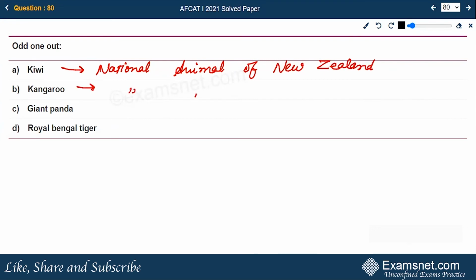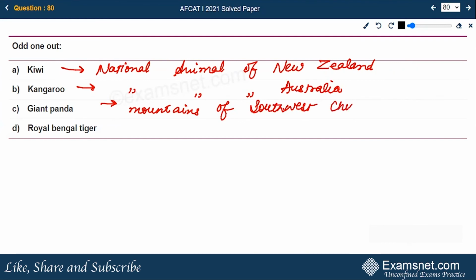Kangaroo is the national animal of Australia. Giant panda, it is found in the mountains of southwest China. And Royal Bengal tiger, it is the national animal of India.